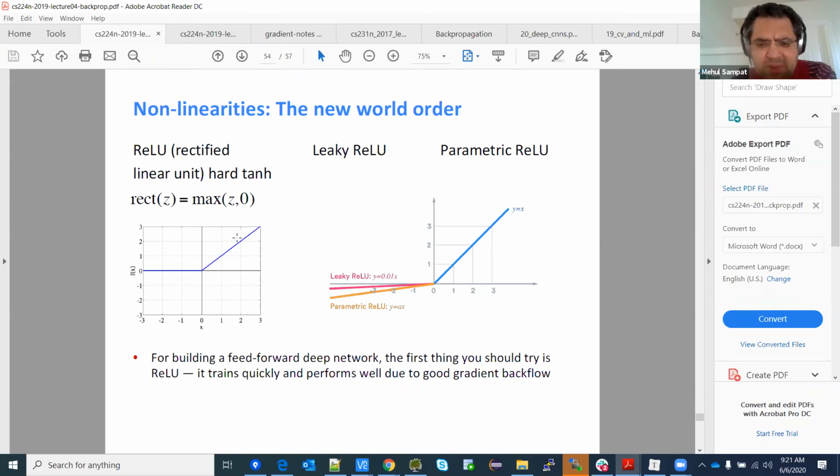And he talks about a leaky ReLU, which has some parameterization: instead of being 0 when x is less than 0, it's a very small number. So it's like, how do you pick yet another parameter to pick, right?